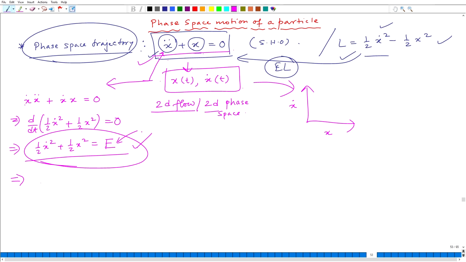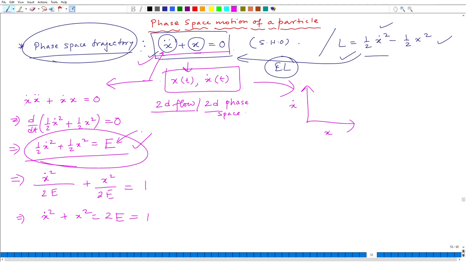So, here you can see the phase space trajectory will simply be given by x dot square by 2E plus x square by 2E, which will be equal to 1. So, it is nothing but x dot square plus x square is equal to 2E.